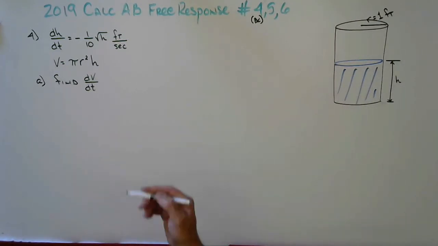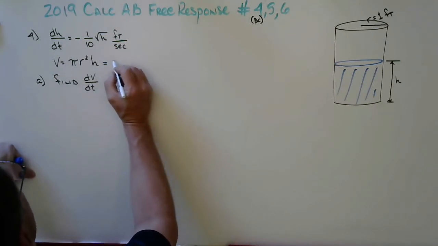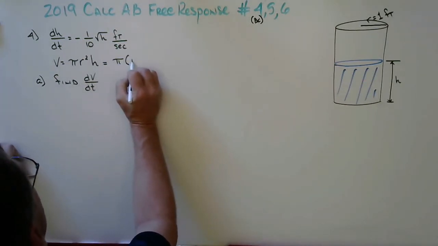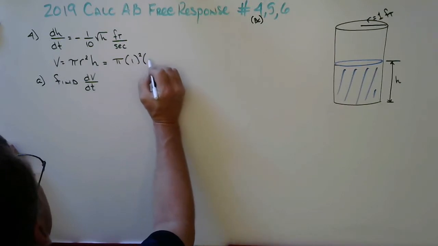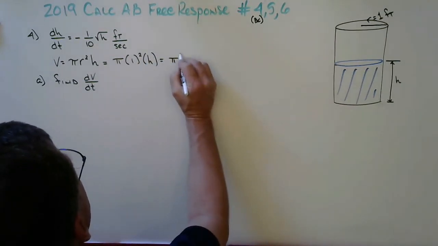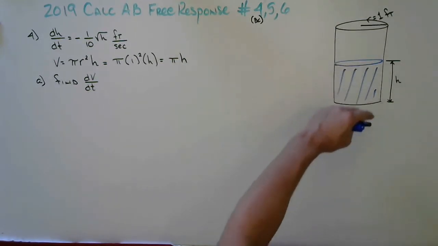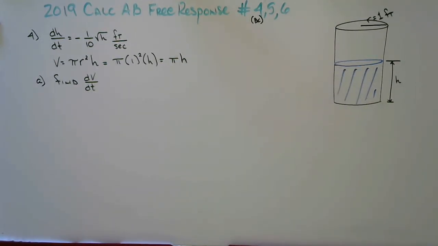So we can rewrite our volume equation as pi times 1 squared times h, or pi h. Unlike the problems where your container is a cone and the radius changes as you move up and down, in this problem the College Board gave us a constant radius, so we can replace the radius with the constant 1, and now we get a formula for V that's not very hard.